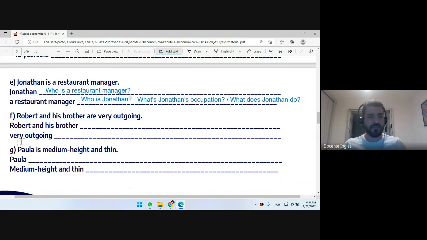Letter F. Robert and his brother are very outgoing. Robert and his brother, two people. Who is very outgoing? But Daniel, in the sentence, we have plural. Robert and his brother are very outgoing. Why in the question do we have the singular, who is very outgoing?